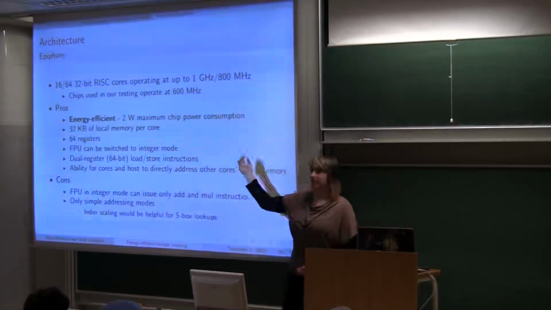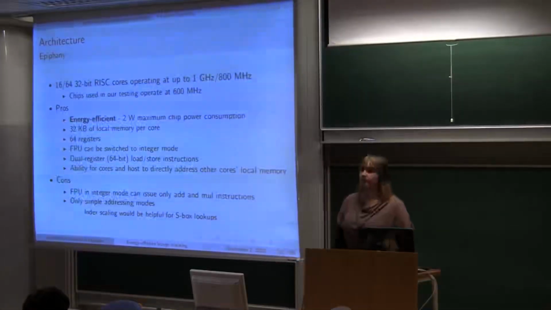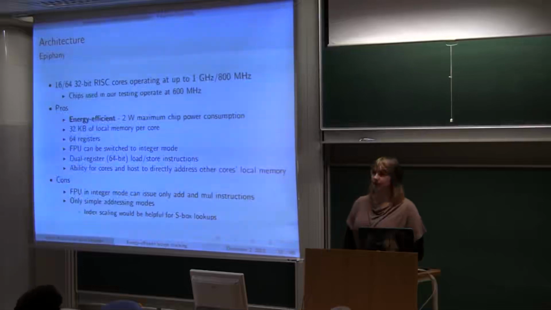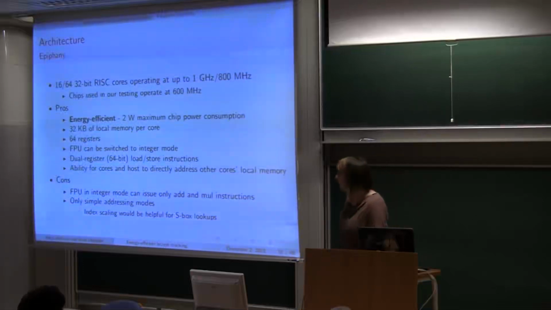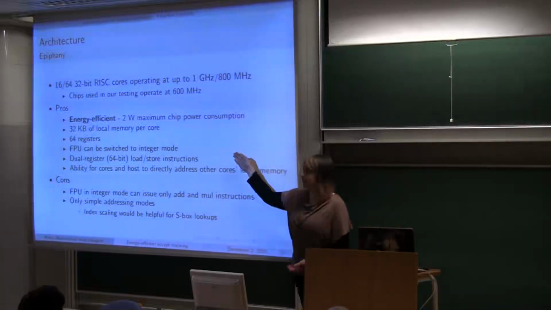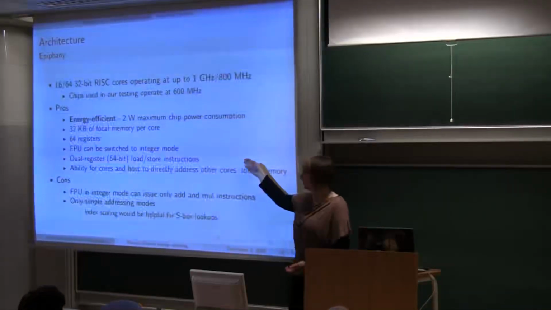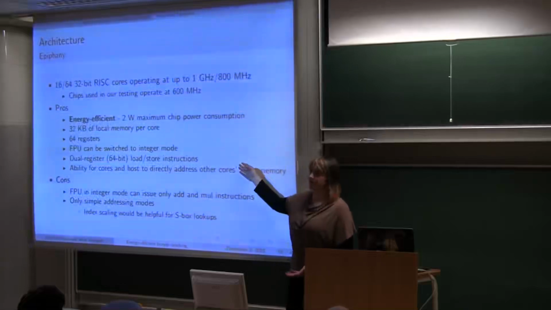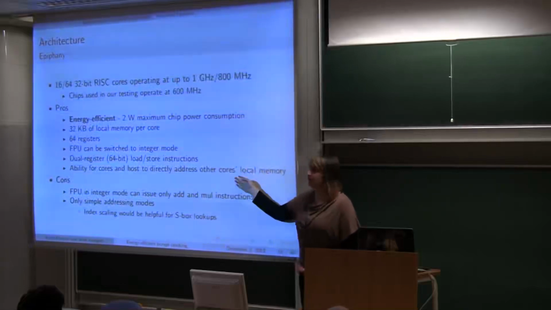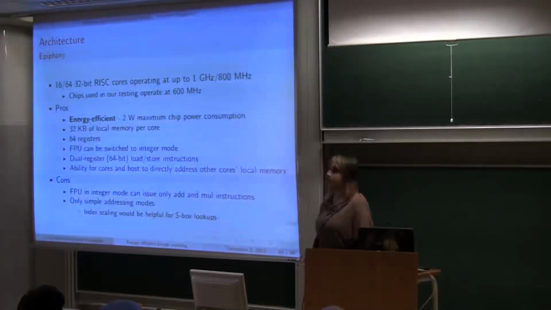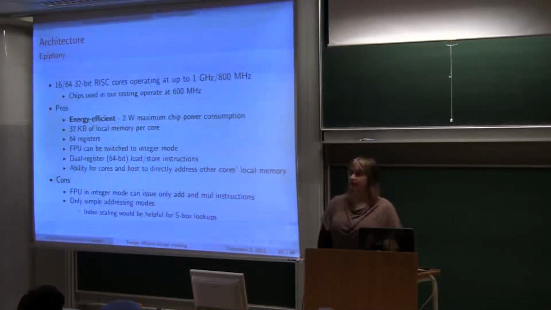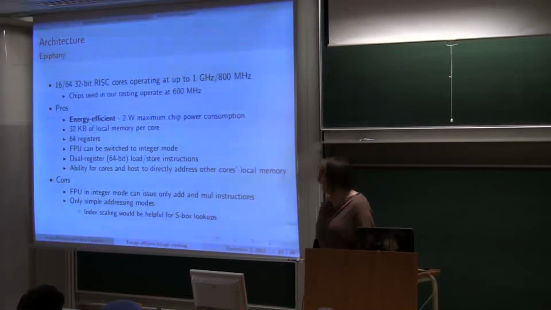It has 32 kilobytes of local memory, which is more than enough for storing 4 kilobytes of S-boxes and a bit more for the P-box. There are also 64 registers, a floating point unit in integer mode, load-store instructions that load and store double words, and it's interesting that it's possible to directly address a core's local memory.